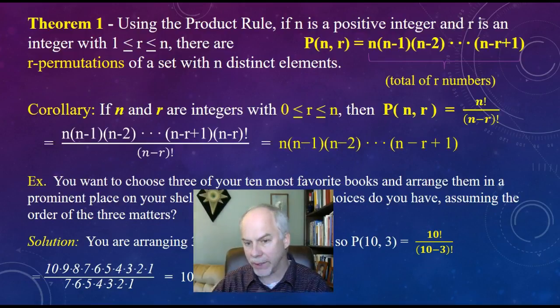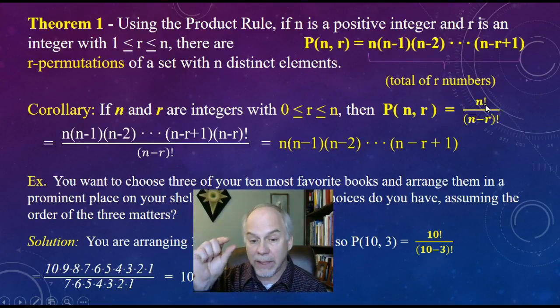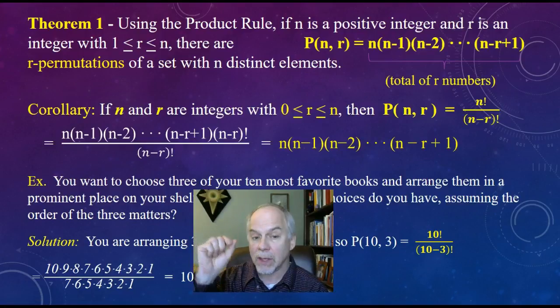So there's only one way to do that. Anyway, so the permutations of N things taken R at a time, instead of using the formula we just had at the top of the screen, we could also use this. Now, N with an exclamation point, that means the factorial.